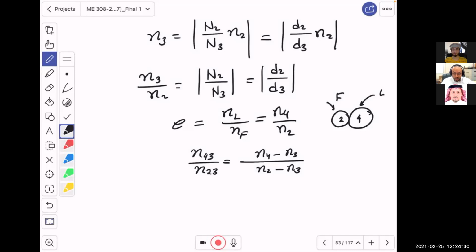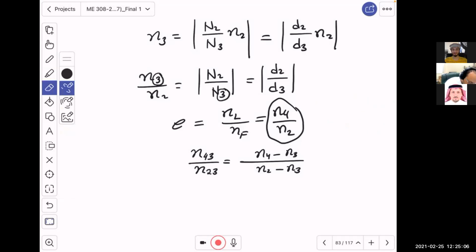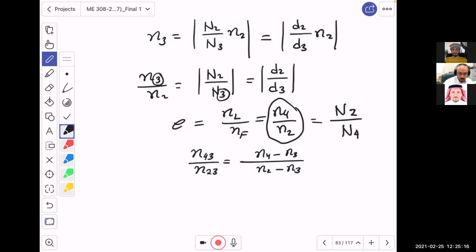Okay, so what happened? Look, what is happening right there is that we have N4 divided by N2 equals E. Now, we know that if we consider the difference in the rotation and we put the minus sign, then look here, if you have 3 on the top, you will have 3 on the bottom, which means that this is the same as N capital 2 divided by N capital 4.